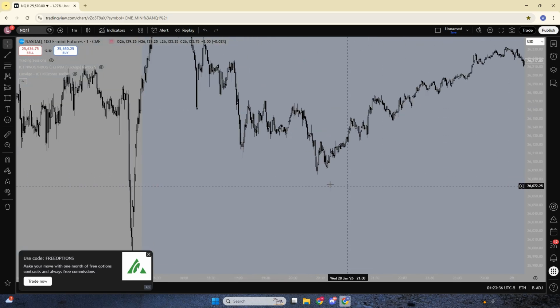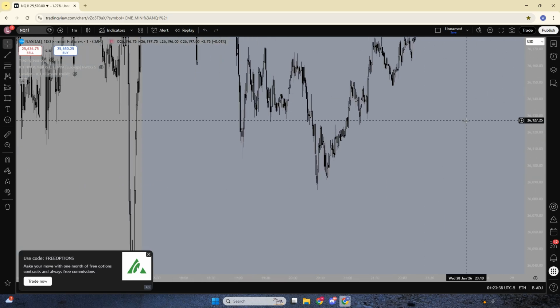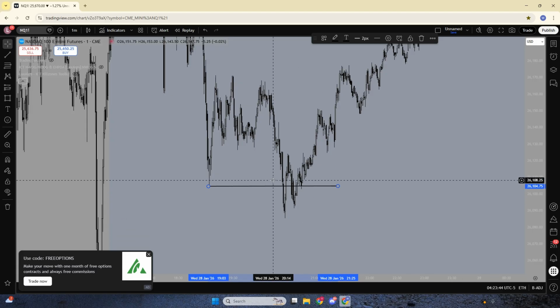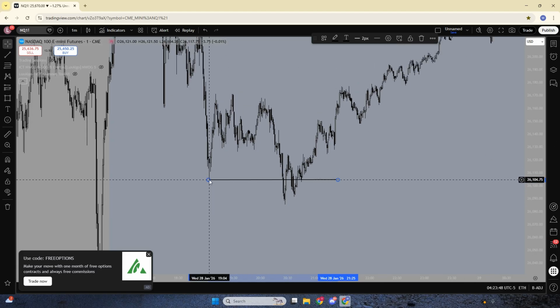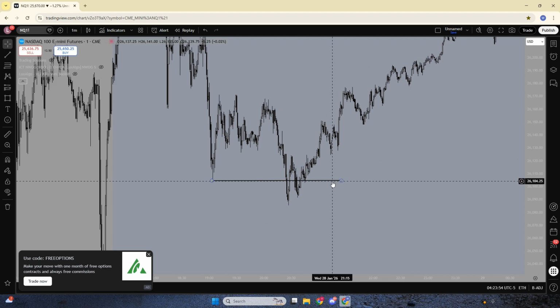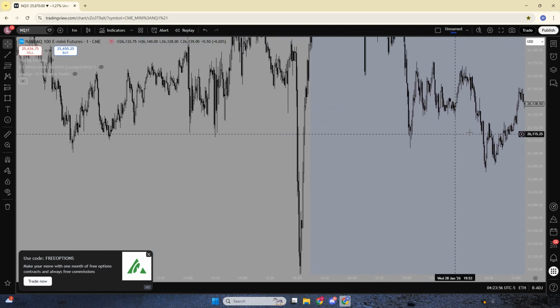All right, another clear textbook liquidity sweep, dude. Boom. We have a swing low, liquidity sweep, rips up 5 million points, right?